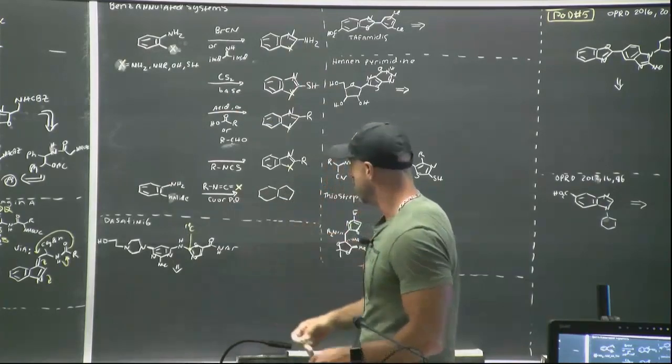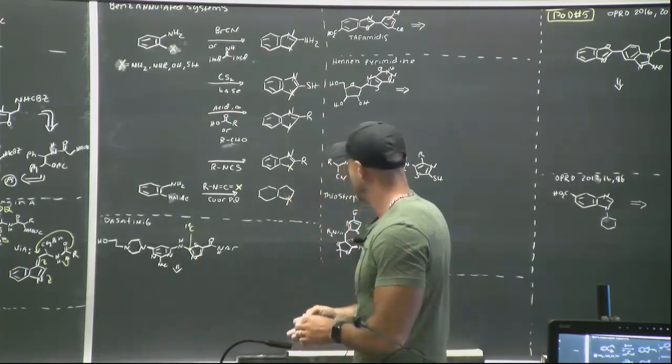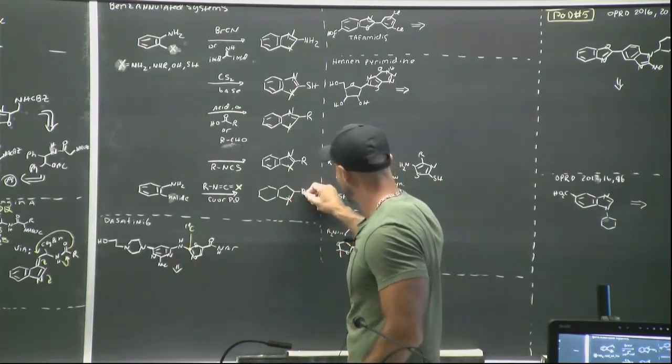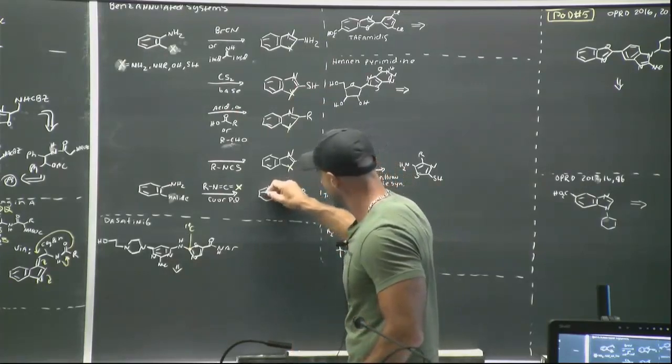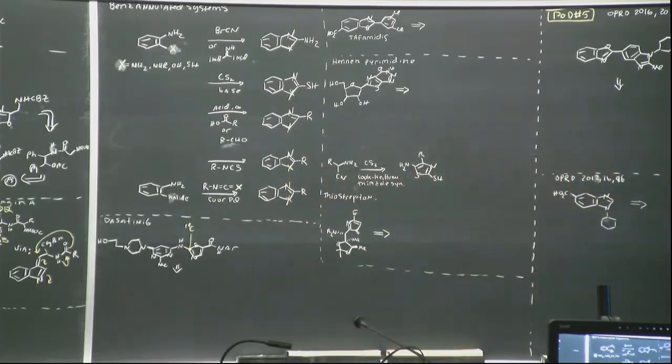Copper seems to be the best for these types of cyclizations, but palladium is also known. And that's it. That's pretty much 99% of the way you're going to make benzo-fused 1,3-azoles.